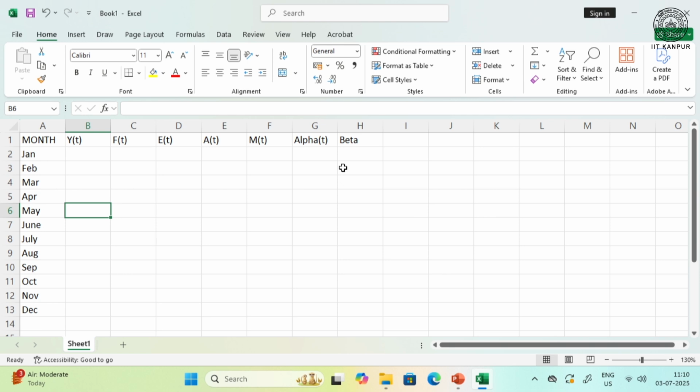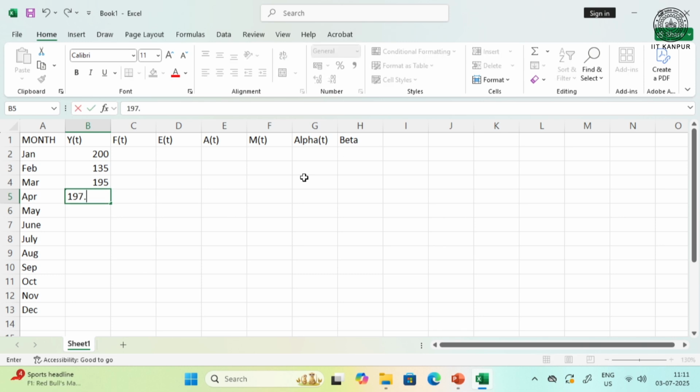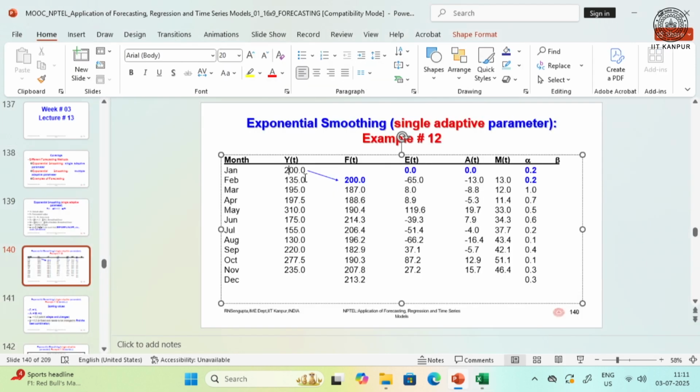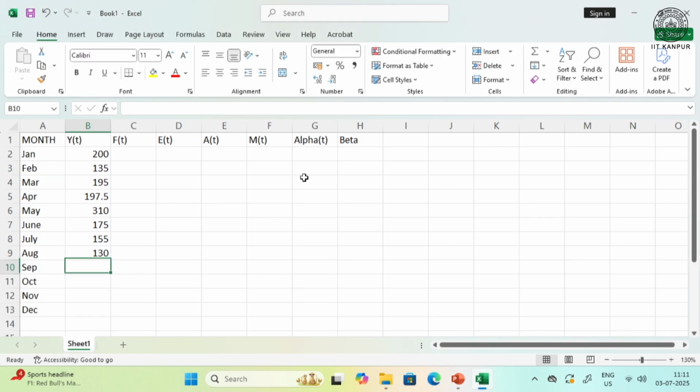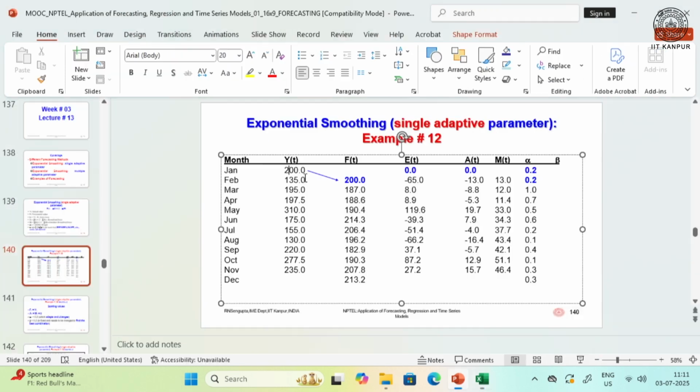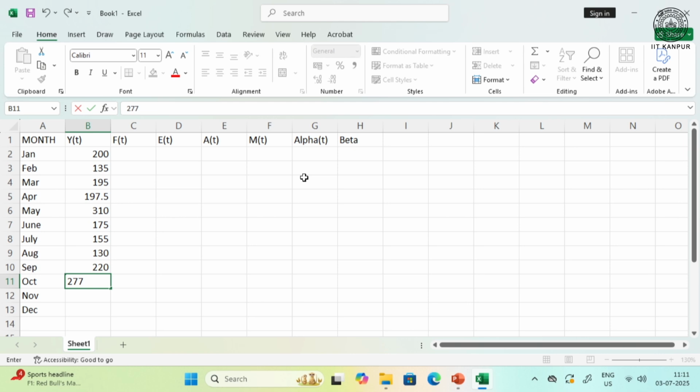It's 200, 135, 195, then 197.5, 310, then 175, 155, which is for July, 130, 220 is for September, then 270, 277.5, and November being 235.